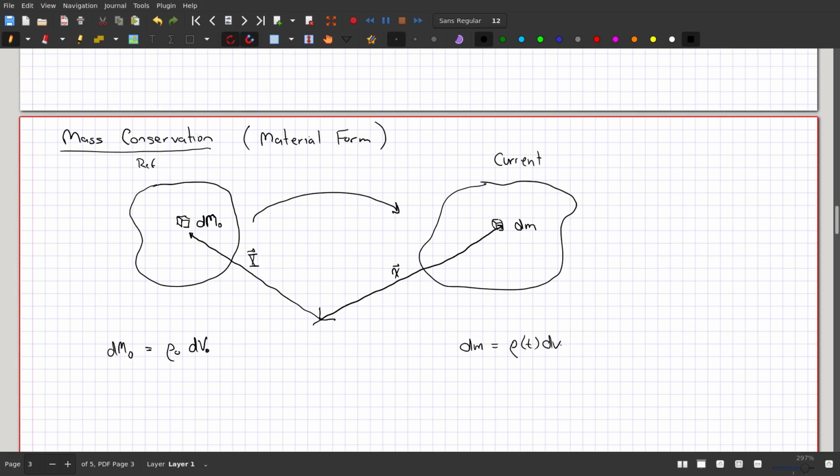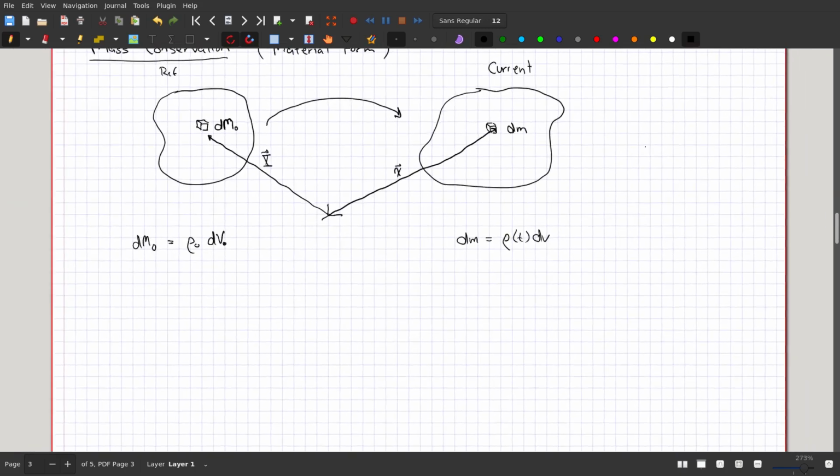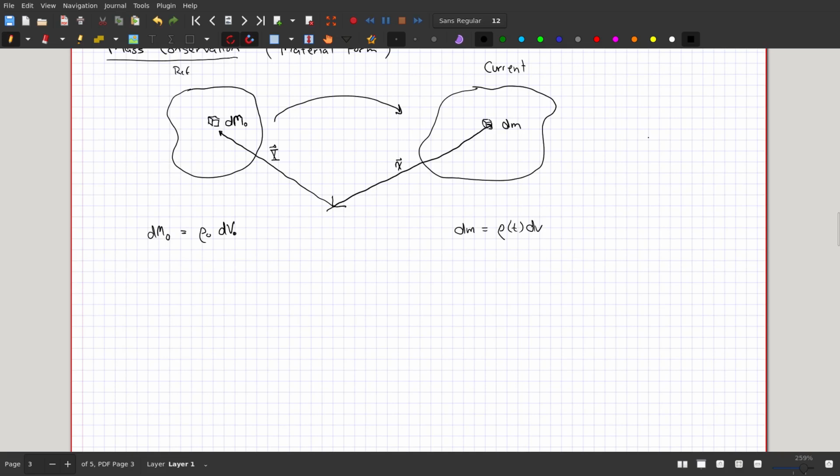Always, always. So if we write that down, rho 0 dV0 is equal to rho dV. I'm going to drop the t, but understand that rho is a function of time.